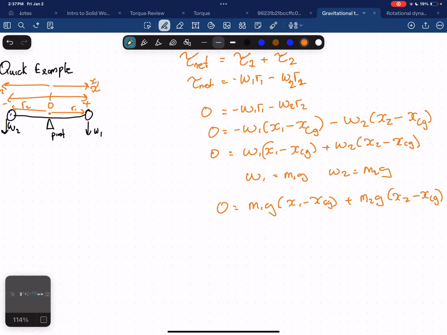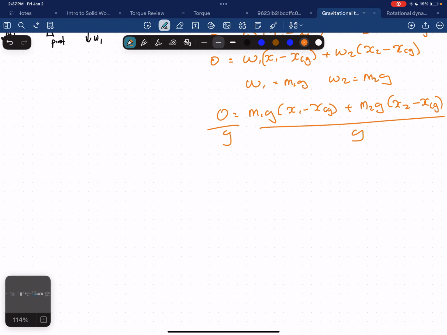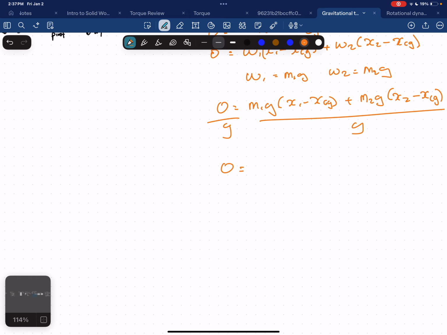And keep in mind here, I'm trying to solve for xCG in the end. So again, I can divide this whole equation by g to get rid of the g's. The g's don't matter in this scenario. It's going to be 0 equals m1 x1 minus xCG plus m2 x2 minus xCG.